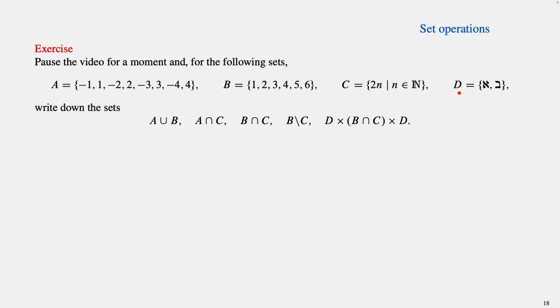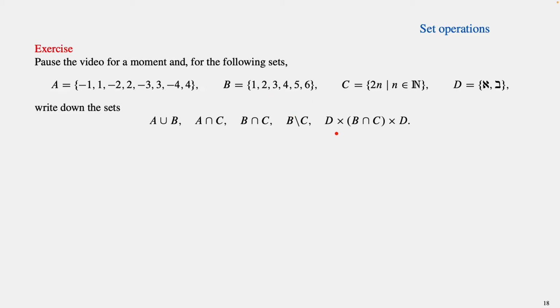And yeah, the set D is maybe a bit mysterious here. It contains 2 Hebrew letters, the Aleph and the Bet. So this is a set just containing 2 symbols, but that's a perfectly legitimate set. And with these sets, write down the union of A and B, the intersection of A and C, the intersection of B and C, then B without C, so the complement of C in B.